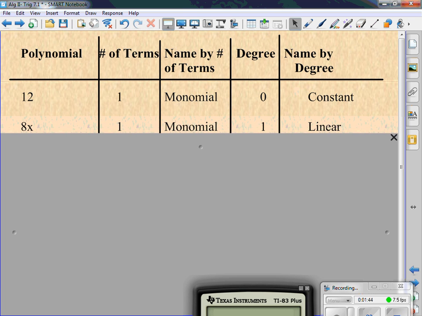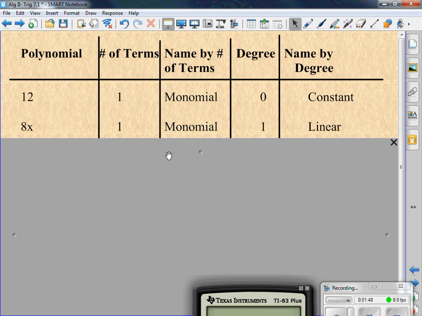The next one, 8x. It still has one term, so it's still called a monomial. But now I have a variable. The highest exponent on that variable is a 1. Anything just x is called linear. If we graph this, it makes a straight line.